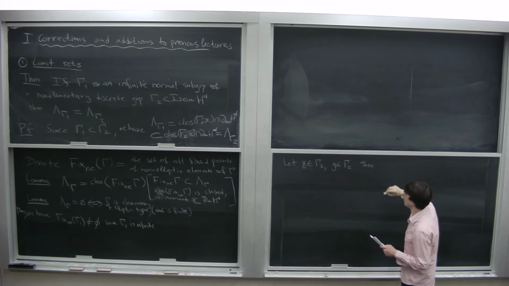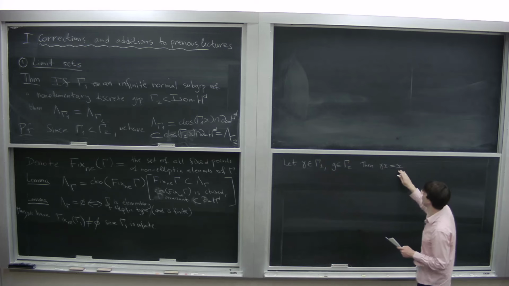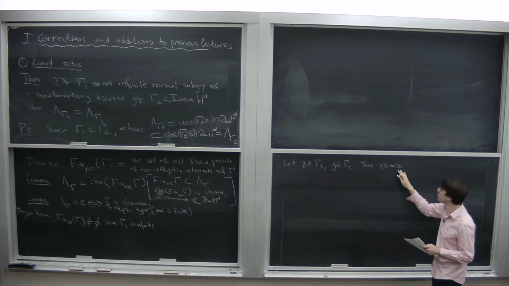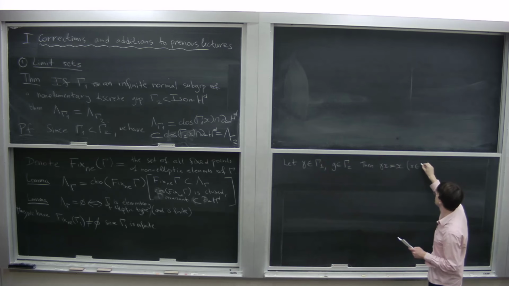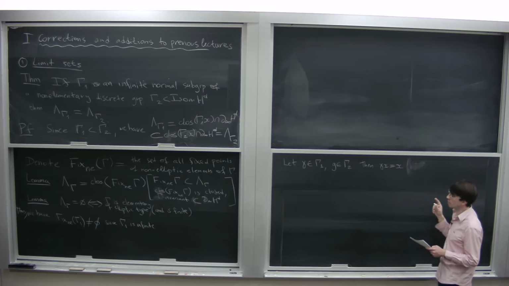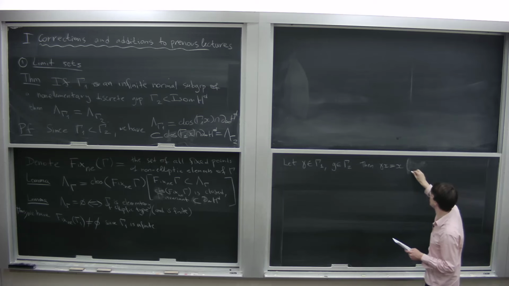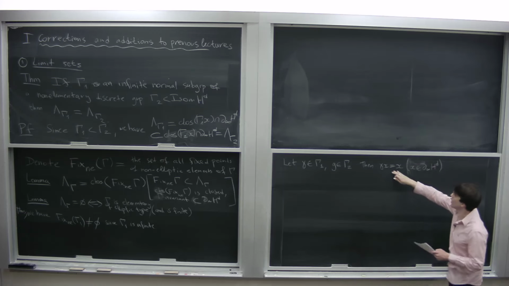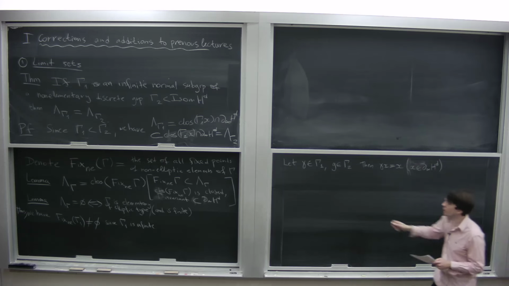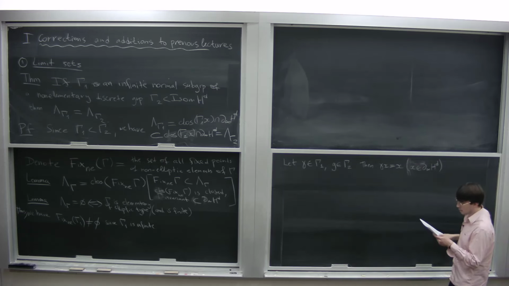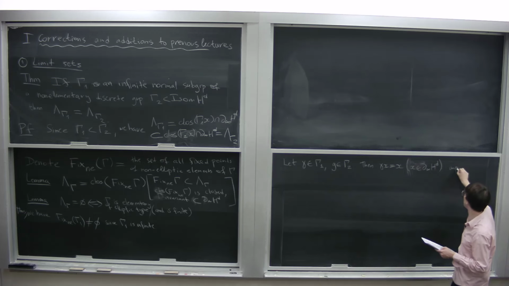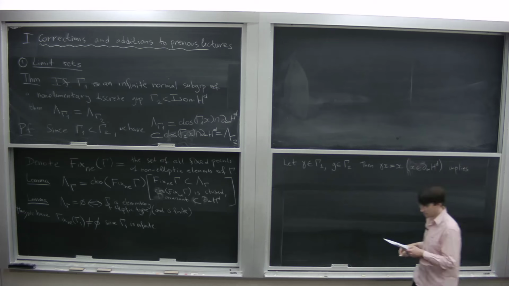Then the fact that gamma x is equal to x. So if I have some point x in the space, x belongs to the boundary, and gamma x is equal to x for this gamma in gamma 1, then this implies the following.